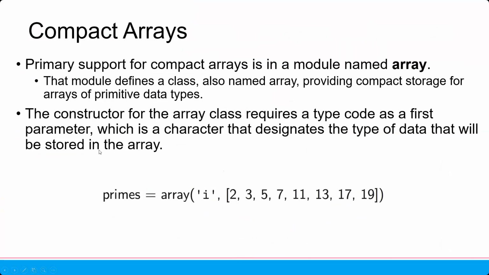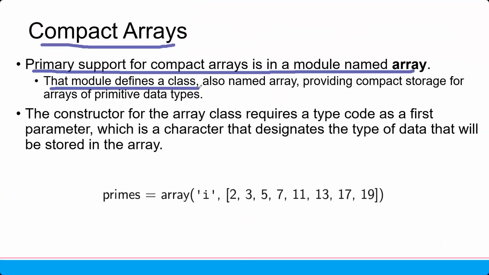Now in Python, they have a module called the compact array. What is a compact array? The compact array is a primary support for the array. That module defines a class also named array, providing compact storage for arrays of primitive data types.